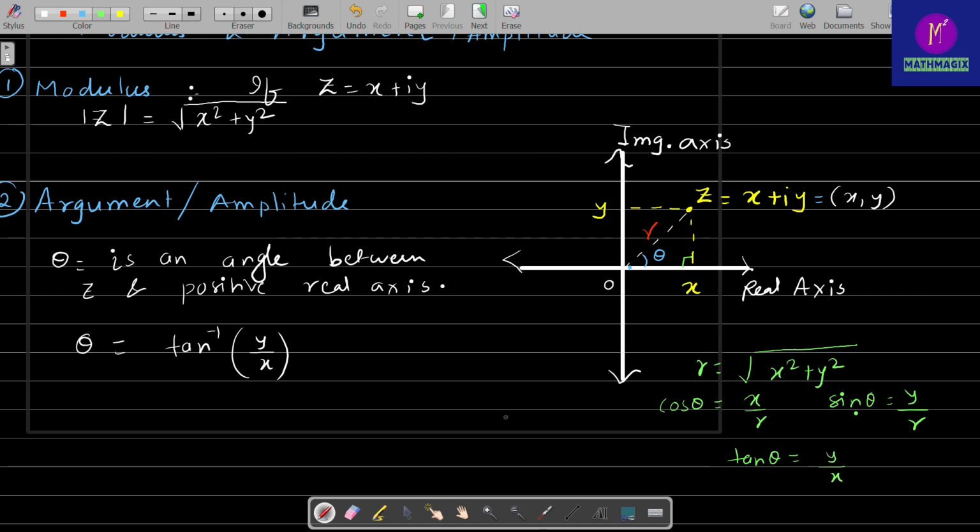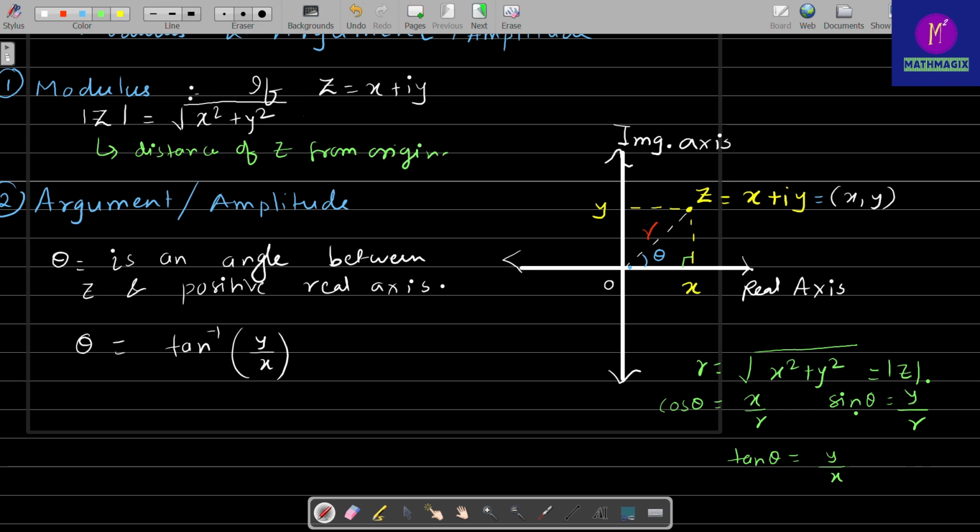Because of that, we get theta equal to tan inverse of y by x. And r here is nothing but the modulus of z, the distance of the point x comma y from the origin. So the modulus of z is the distance of z from the origin, and as it is a distance, it is always positive.